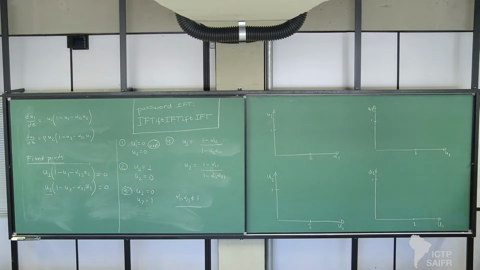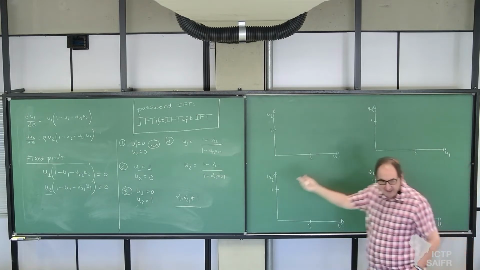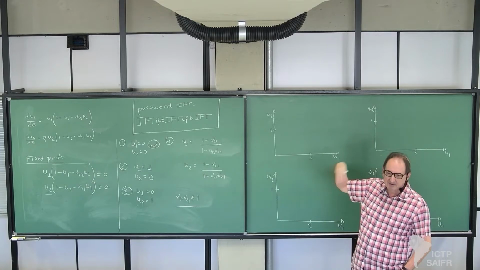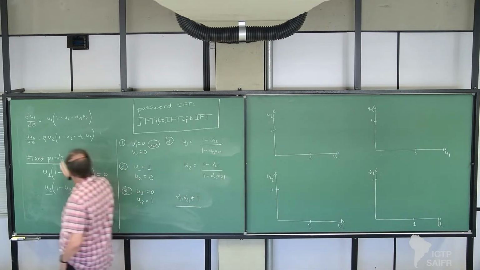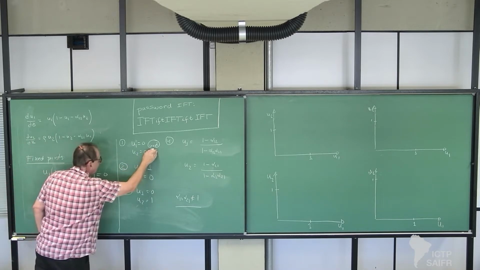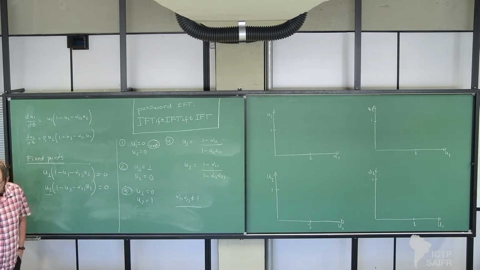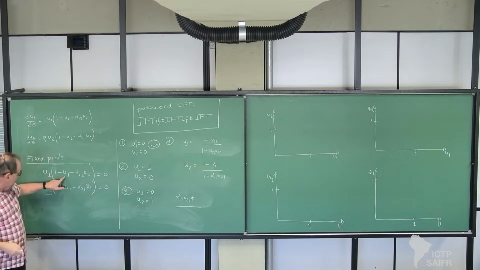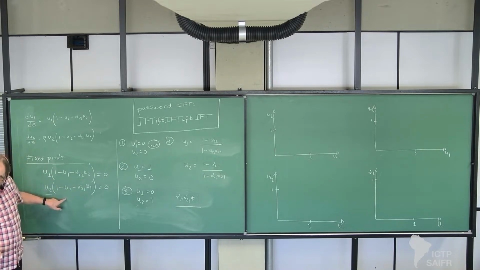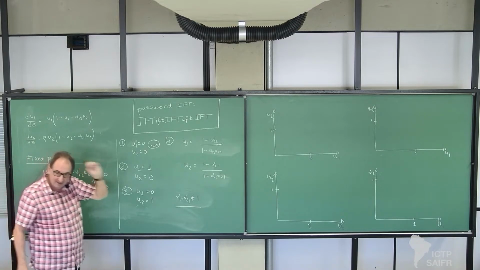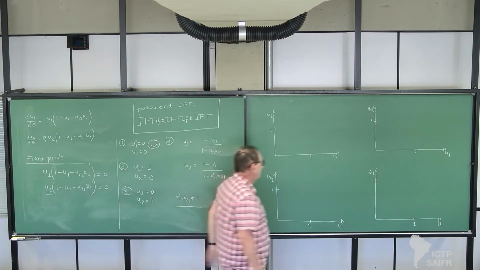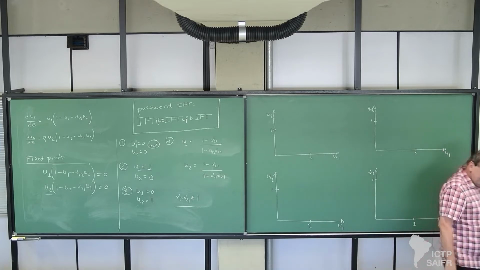You don't have Allee effects. If you had Allee effects here, you would have something very different. So near 0, if I make a small perturbation, I have small population, u1 and u2 are still small with respect to 1. Therefore, the growth rates are both positive, and the population grows.